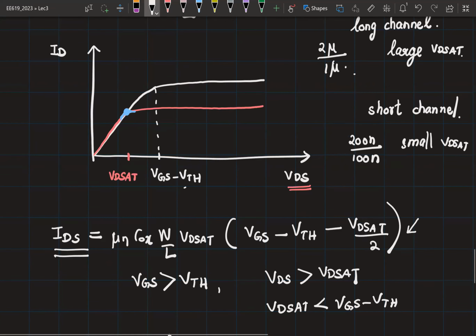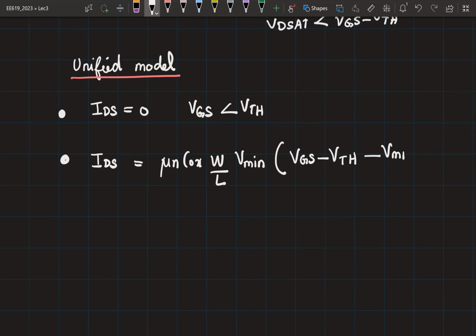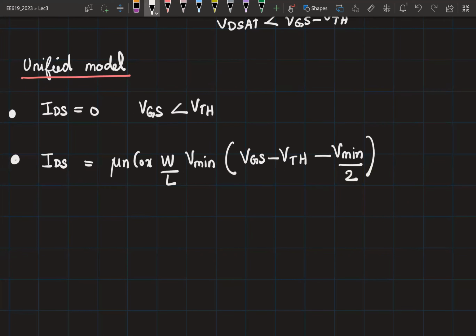So now, armed with this information, we will write our current equation as mu n COX W by L. Instead of writing VDS, VDSat or VGS minus VTH, I'm going to write it as V min. This into VGS minus VTH minus V min by 2, into 1 plus lambda VDS.